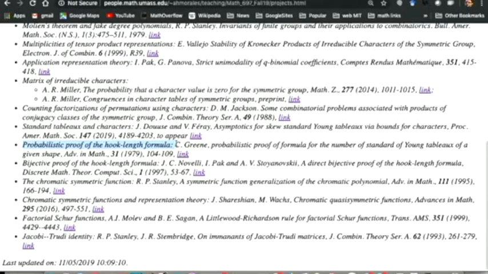John Shareshian and Michelle Wachs found a generalization of the chromatic symmetric function, called the chromatic quasi-symmetric function, and they found a very interesting link to representation theory and some very nice work by Julianna Tymoczko, who is at Smith. There are some references in this paper about this work, and this is an area of very active research right now.